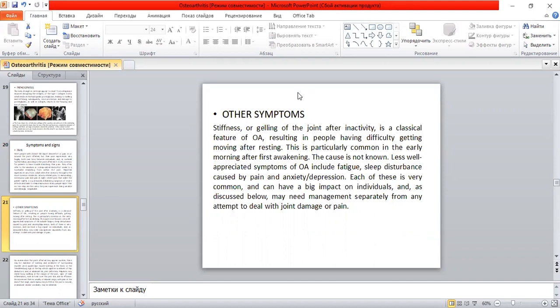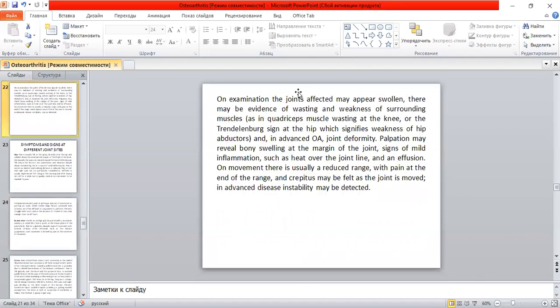Less well appreciated symptoms of osteoarthritis include fatigue, sleep disturbance caused by pain, and anxiety or depression. Each of these is very common and can have a big impact on individuals, and as discussed below, may need management separately from any attempt to deal with joint damage or pain.